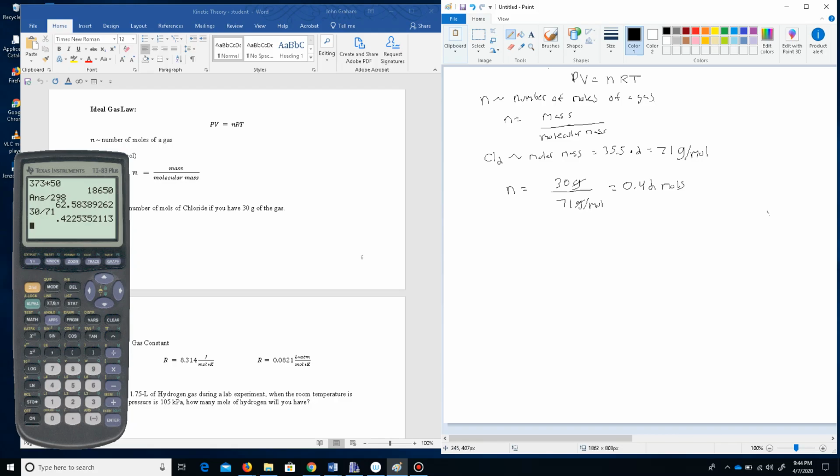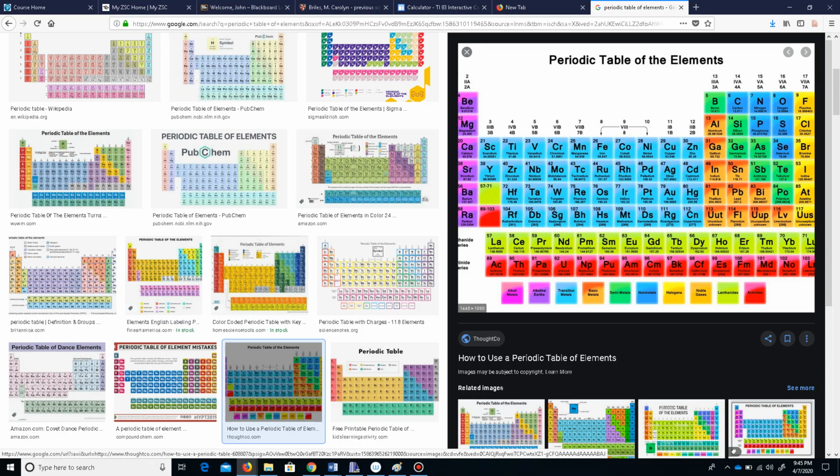If we had anything that's something more complicated, well, NH3. Okay, we're gonna have one N, which we can get here in a minute, and we're gonna have three H's. So the N is gonna be 14 grams per mole.